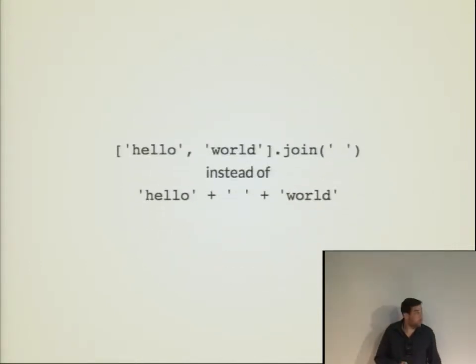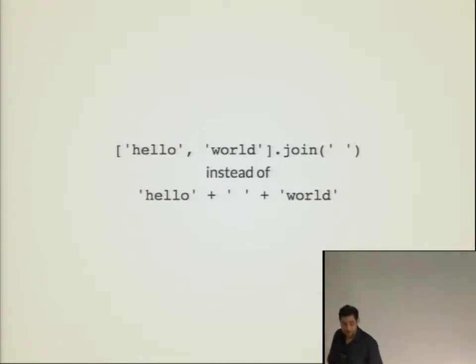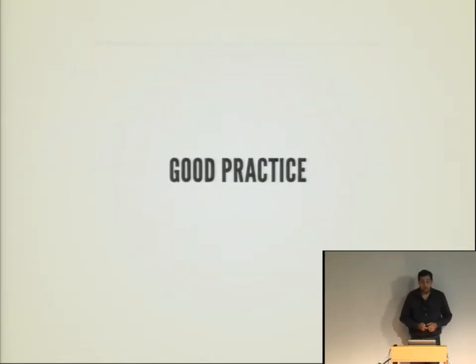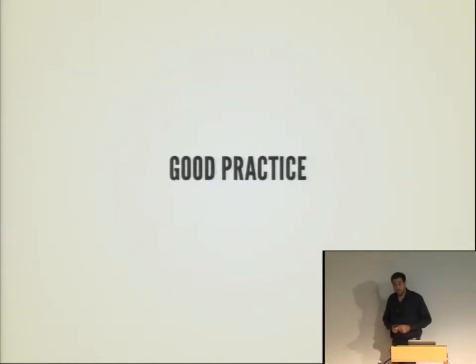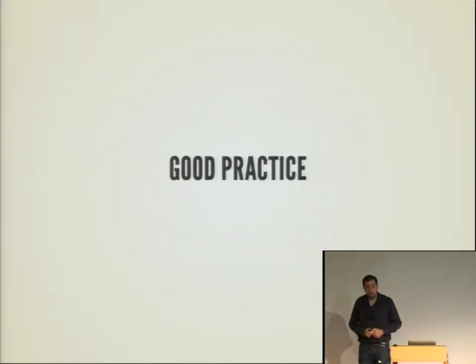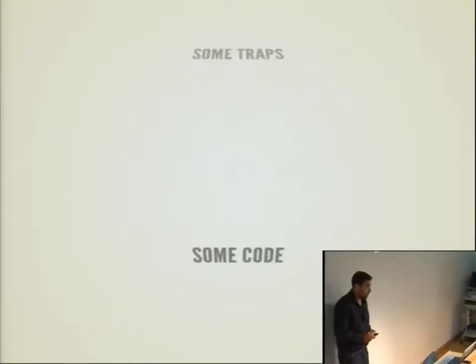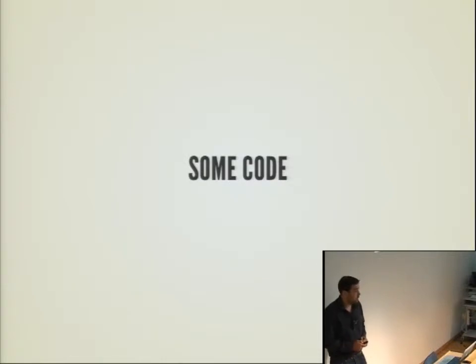Or I could give you some advice to get some really small microseconds out of your JavaScript. For example, this one by joining an array instead of concatenating. But I won't do that. We'll talk, however, about some good practices I think are worth sharing. Some traps I ran into and maybe you don't have to. And finally, I will show you some code.